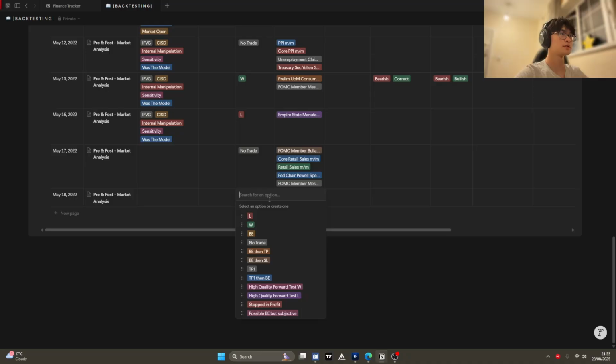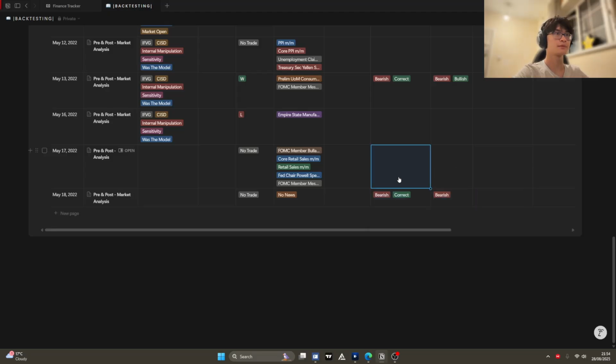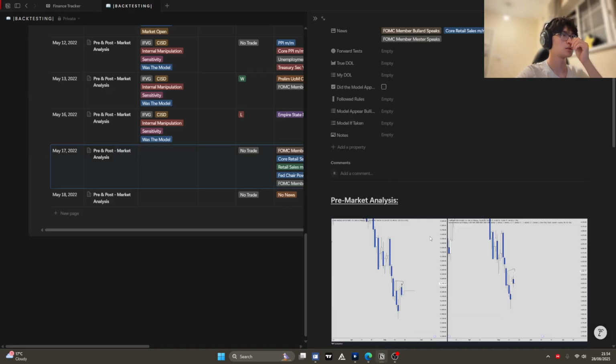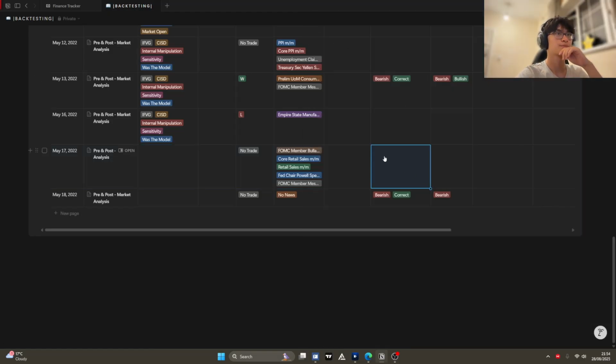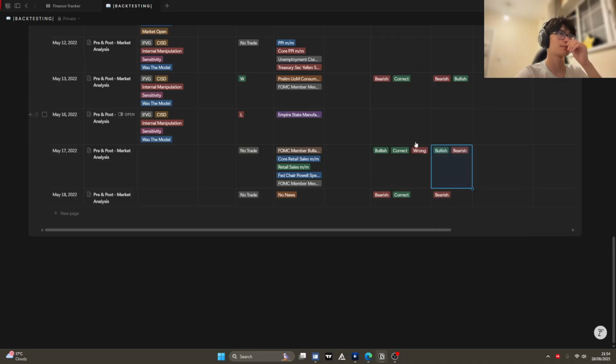So again, this one is no trade. I was bearish, correct? Bearish. And this one, what was it? Forgot. I was bullish. Bullish, correct, and then wrong. It was bullish, then bearish. And this one.